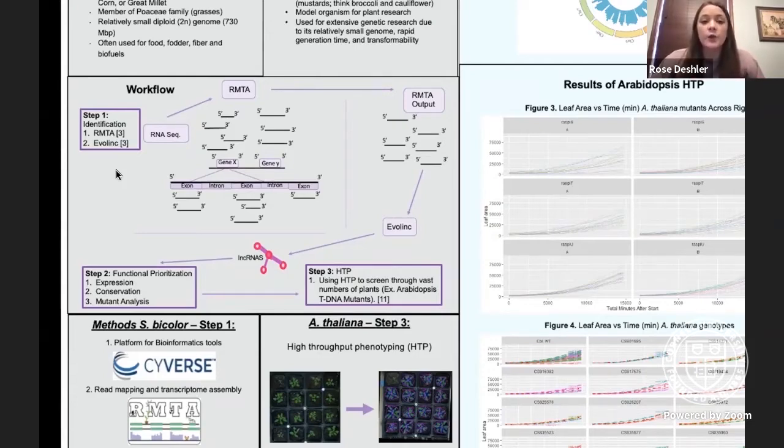Then we can run the output from RMTA into a pipeline called EvoLink, which will identify lincRNAs, where we can use those to make some functional predictions, look at their expression, their conservation, and then perform more analyses on them. Step 3 is essentially screening through these different plants that are possibly mutated to look at their lincRNAs.